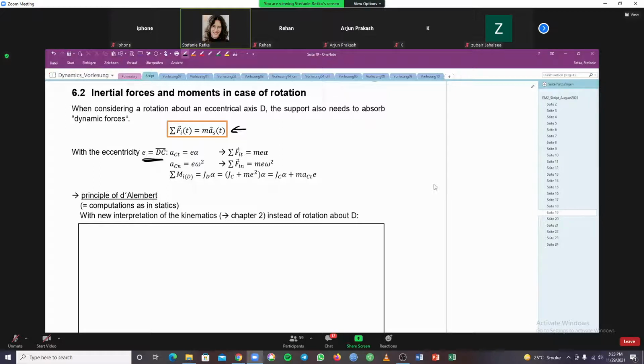And simply due to that, we have to consider the tangential and normal component of the acceleration, which gives us two inertial forces, one tangential and one in normal direction. And additionally, this equation right here, the equation of momentum, as stated on the previous page.